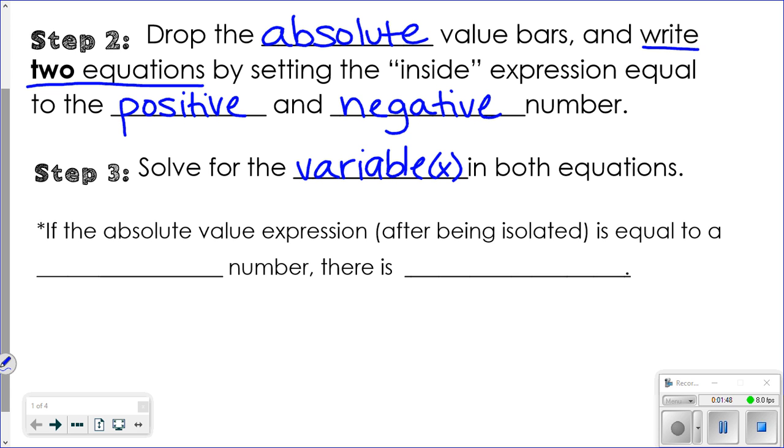So if our absolute value expression, only after being isolated, is equal to a negative number, there is no solution. So we wouldn't have to do any work, we would just write no solution.